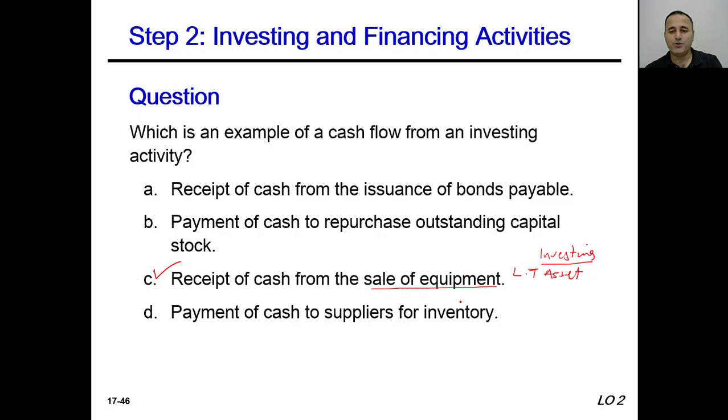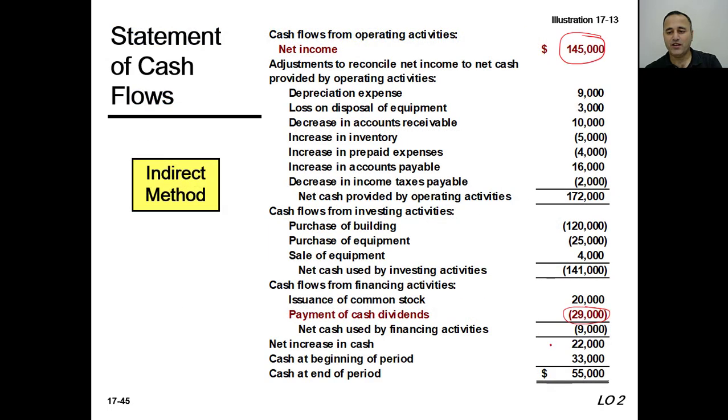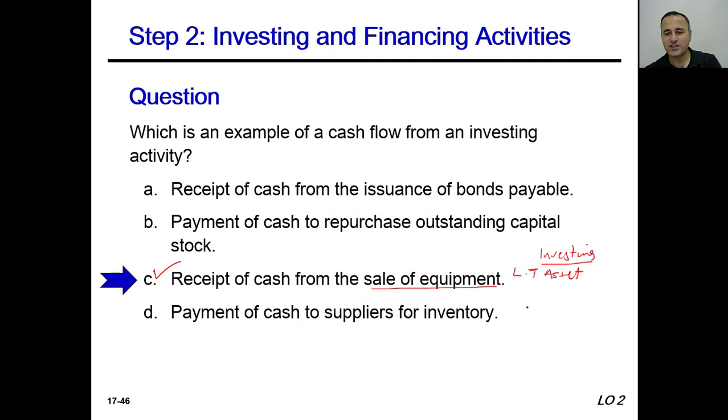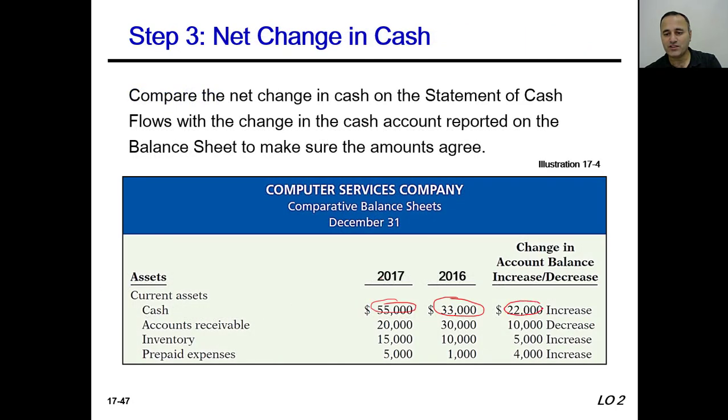So if you go back, the ending cash is $55,000. So this cash matches the cash balance of 2017, and this net cash increase is the difference between the two cashes, which is here. So $22,000 is the difference, and this $55,000 is the new cash balance. So this exercise means that whatever we did, we did it right.